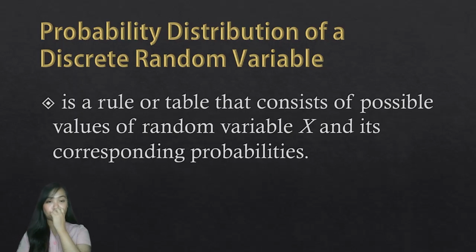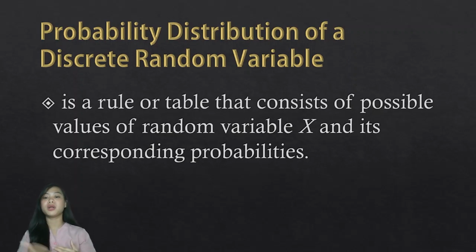So what is this probability distribution? It is a rule or a table that consists of the possible values of a random variable and their corresponding probabilities. For a discrete random variable, we can either create a table or use a formula for its probabilities.